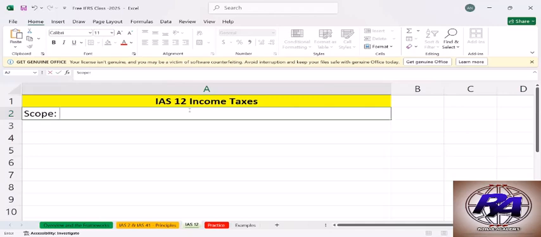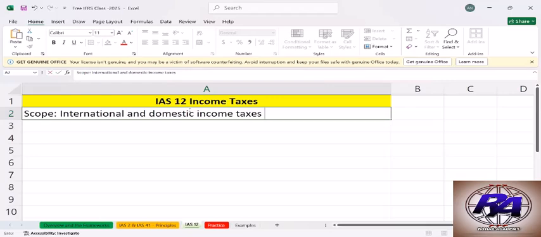The scope has to do with all forms of income taxes, including international and domestic income taxes, and sometimes withholding taxes. Yeah, that's the scope. So the scope does not go beyond this.